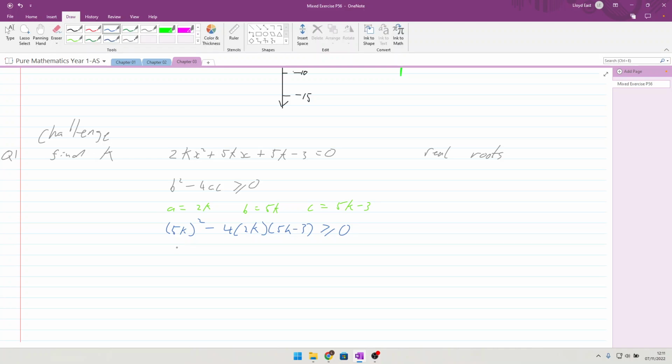Right then, 25k squared minus 8k times 5k minus 3. If I take a k out, I've got k times 25k minus 8 greater than 0.